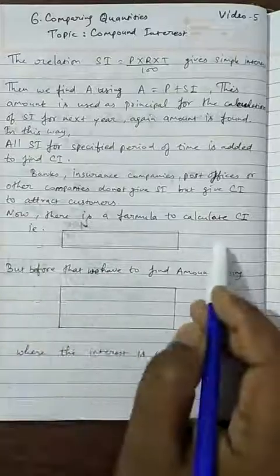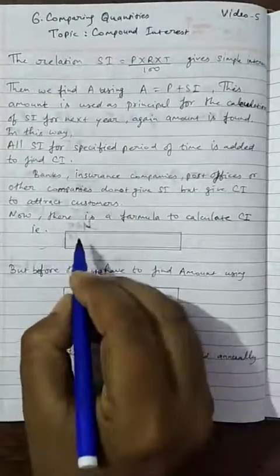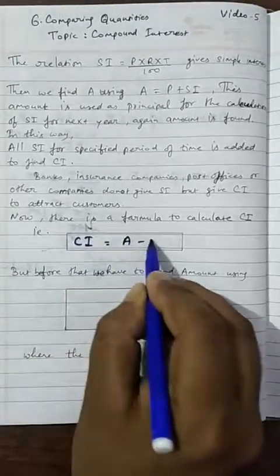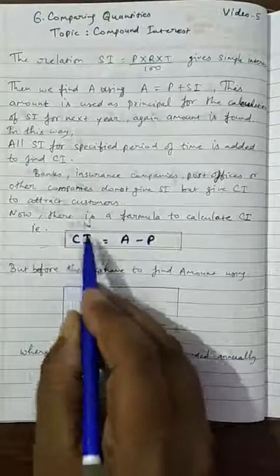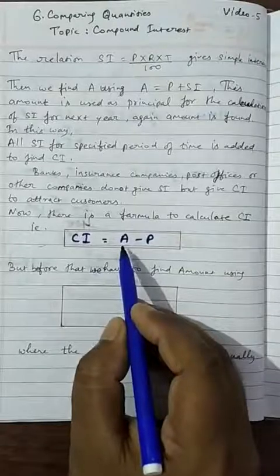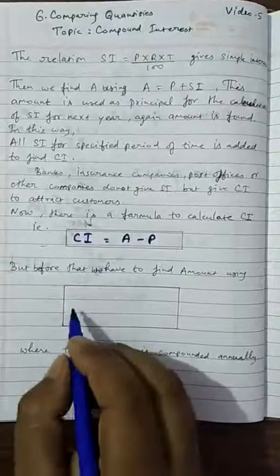So there is a formula for calculating compound interest. It is amount minus principal. But before finding the compound interest, how can we find the value of A? For finding the value of A for amount, we have a formula.